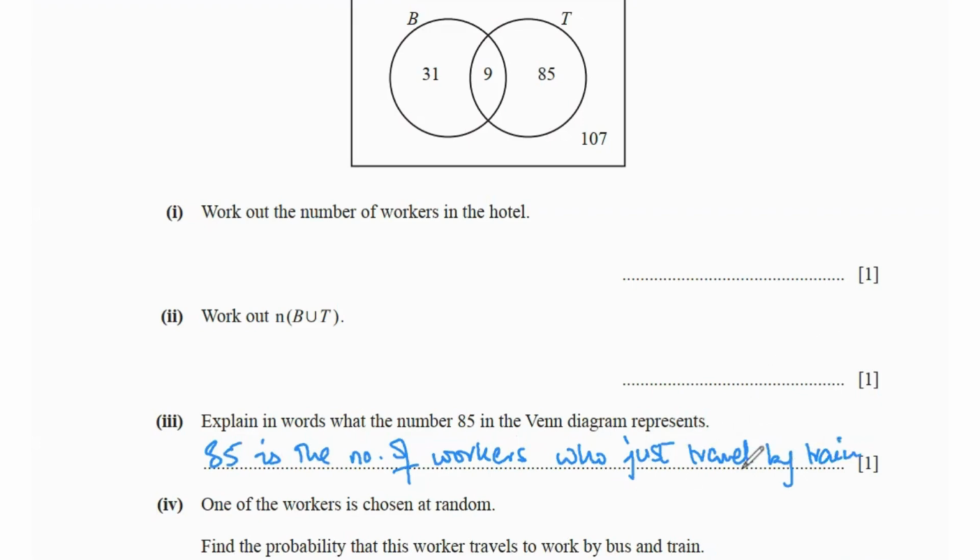Keyword being just. If you say they travel by train, they can include the people who travel by bus as well. So 85 is the number of people who just travel by train and not by bus.